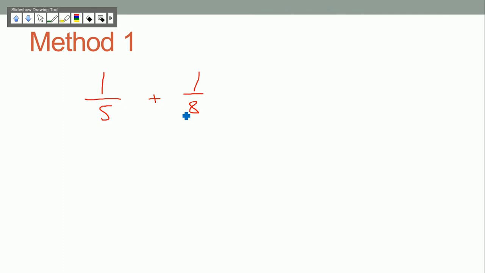That's why it's called a common denominator, a number that both 5 and 8 are divisible or multiply into. Now, if we think about it, if we go through our times tables, the only number that both of these go into is the number 40.